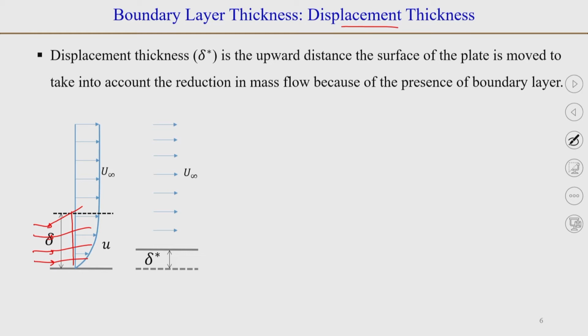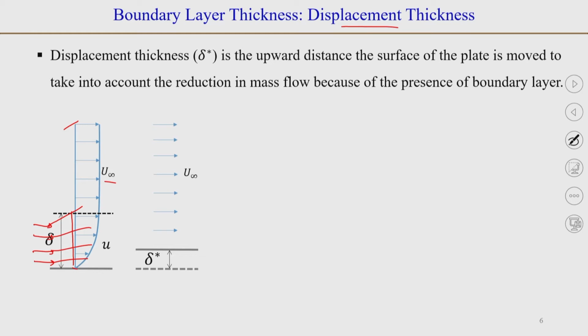Now, that also causes a mass deficit. If you consider that the flow is coming with a uniform velocity u infinity, then you could have simply said that the mass flow rate is rho into u infinity into the cross-sectional area. So, you can integrate y from 0 to infinity and multiply by the width of the plate, say b, which is normal to the screen.